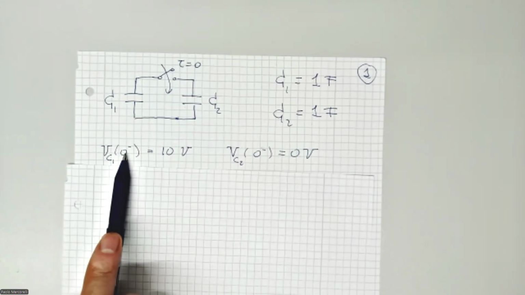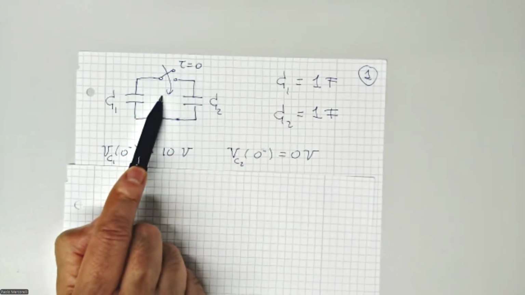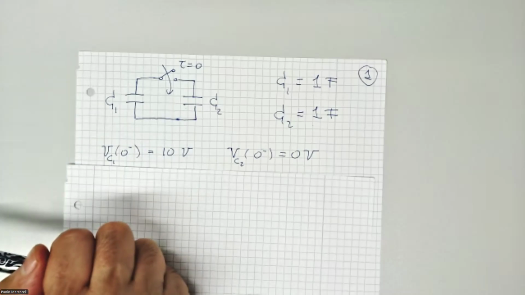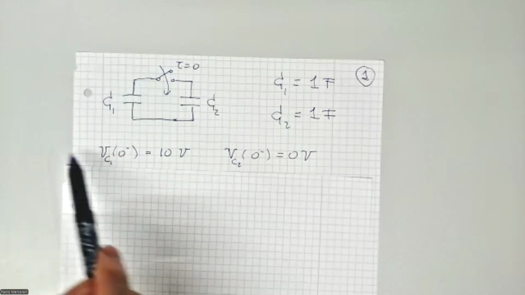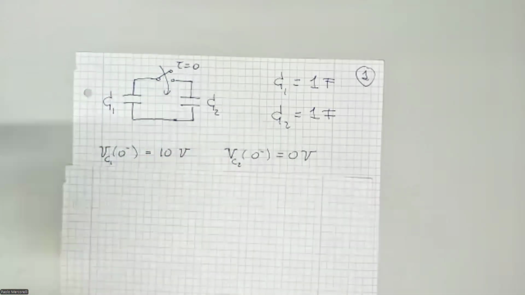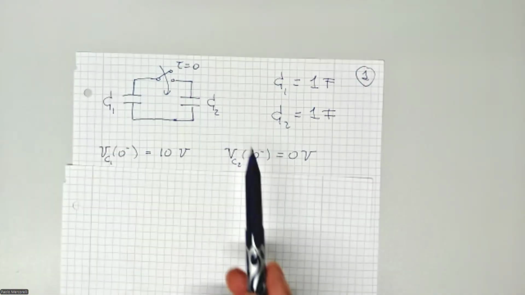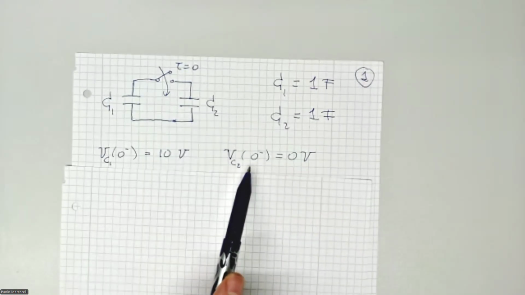At t equals 0 minus, we are still open. This means, as I told you, it summarizes what happens in this part of the circuit, which I didn't indicate. At the end, it doesn't matter what was here, was 10 volts. Here at the end means until 0 minus. Somehow, I didn't do anything, or I did something, but at time 0 minus it is 0.